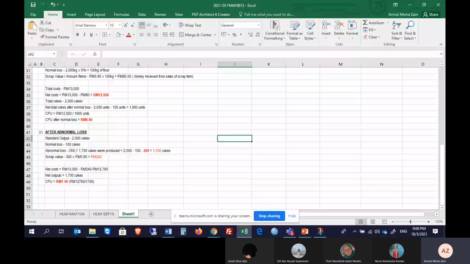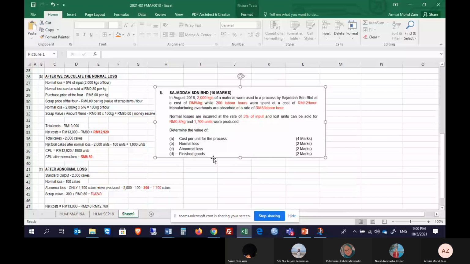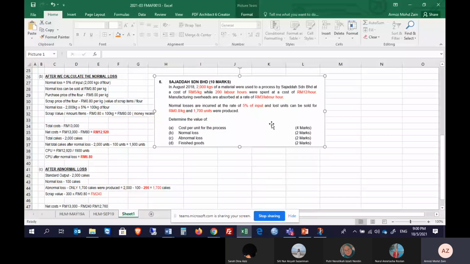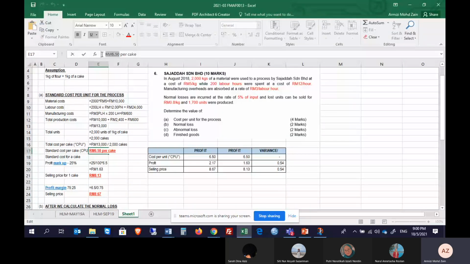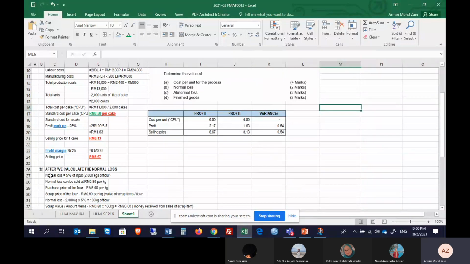So net cost dia. Okay, soalan dia. Cost per unit dah dapat kat atas, standard cost per unit dia. This one, RM6.5 standard dia. Sekejap. Okay. Normal loss dia, this one.